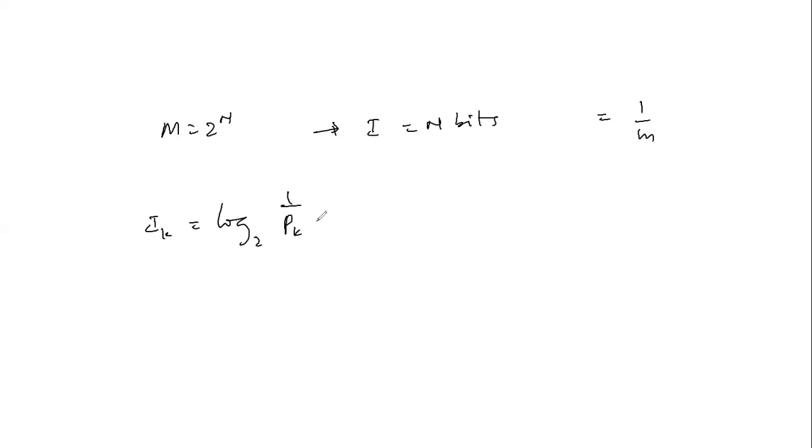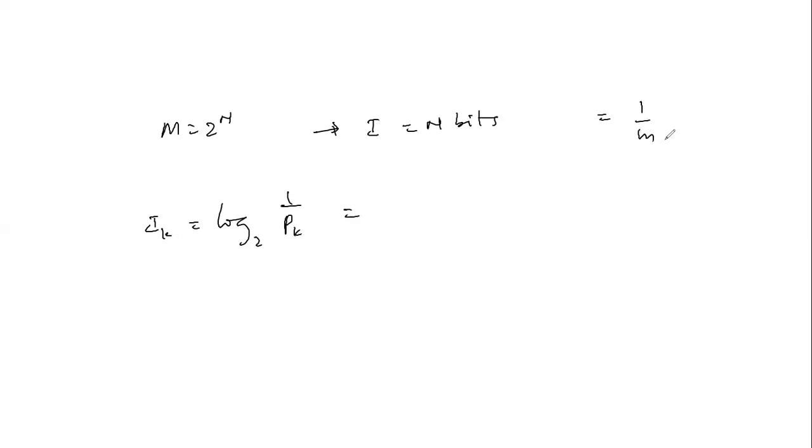is that if, for instance, we have m being the same as 2 to the power of n equally likely messages, the amount of information carried will be the same as n bits. So how is that? The n messages are equally likely and independent if the probability of occurrence for all of the distribution is the same as 1 over m. And therefore, here, we already know that the information is the same as log to base 2 of 1 over p sub k, for instance.